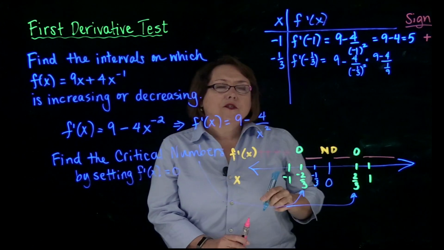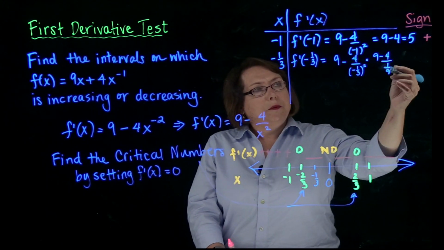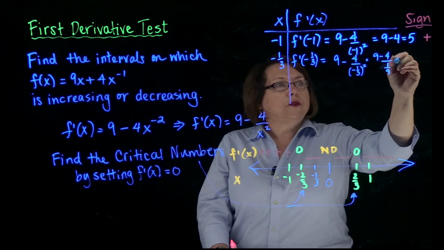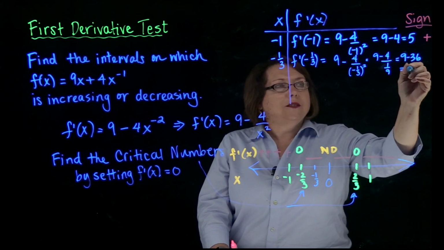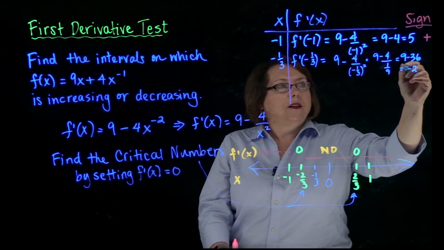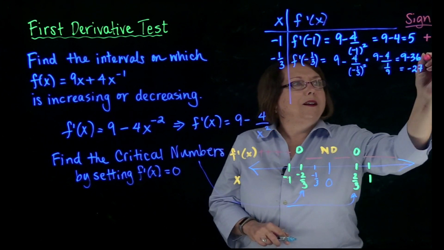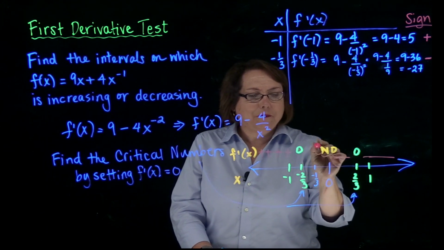How do we divide fractions? We multiply the first fraction, 4/1, by the reciprocal of 1/9, which is 9/1. So 4 times 9 is 36. 9 minus 36 is negative 27, less than 0. Our sign is going to be negative right here.